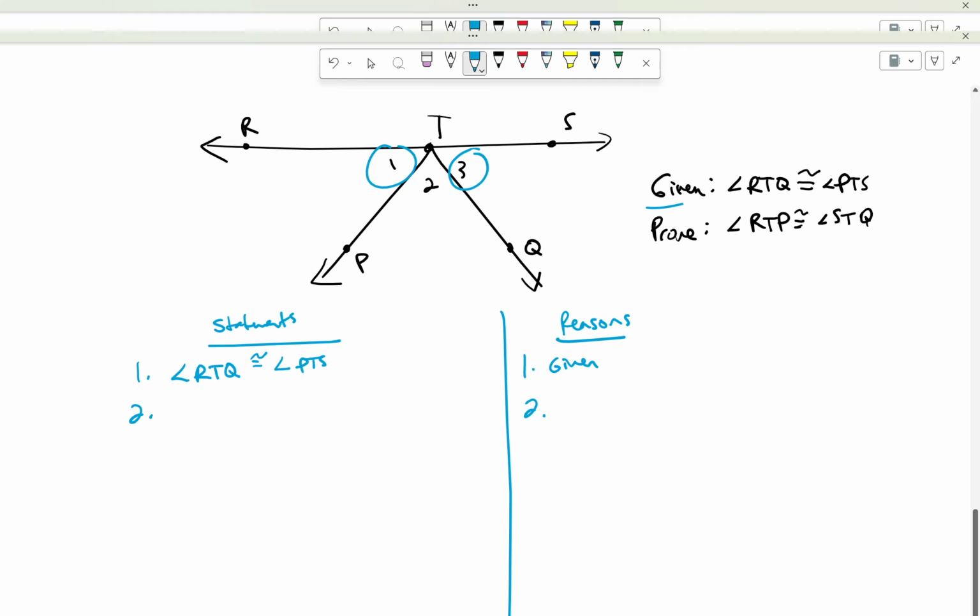What we know is that angle RTP is the sum of angles 1 and 2. And we also have that angle RTQ is equal to angles 2 and 3.